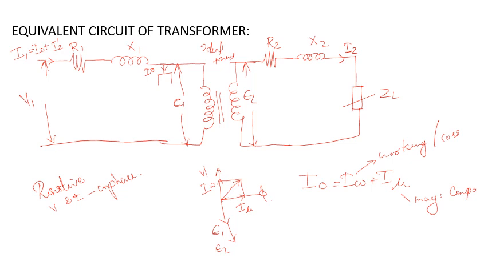So I can represent IW as a simple resistance, and I mu is the magnetizing component.